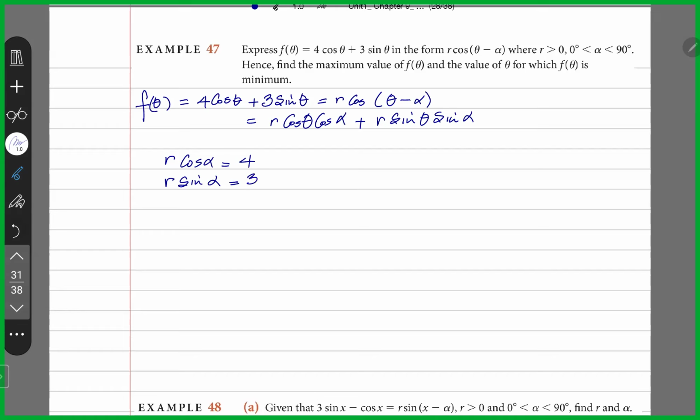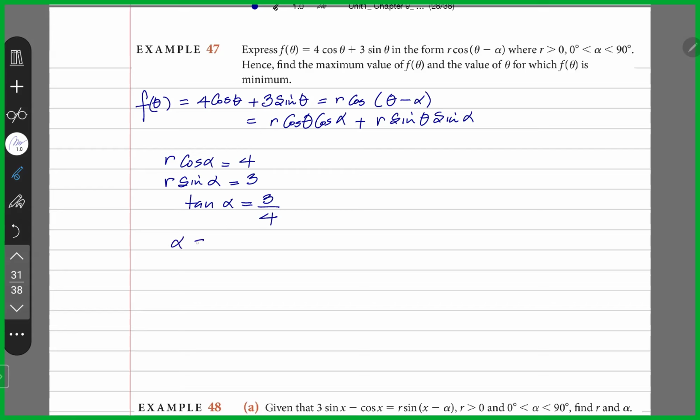Dividing r sine alpha by r cos alpha, we're going to get tan alpha. Sine divided by cos is tan, which is equal to 3 over 4.